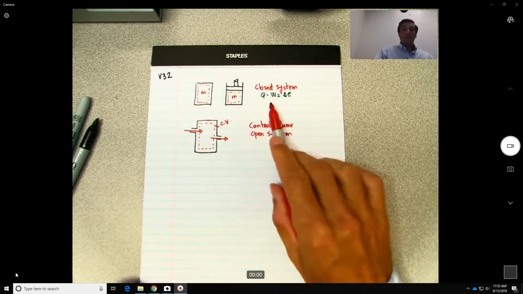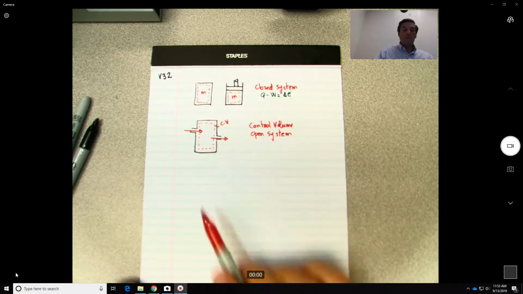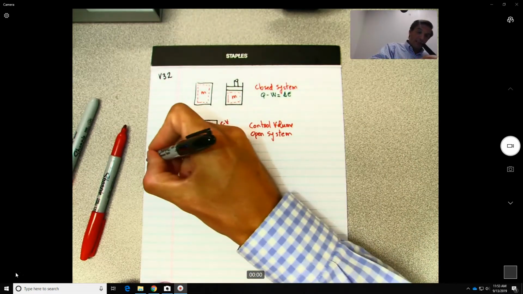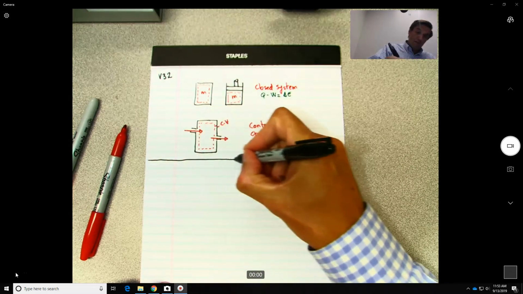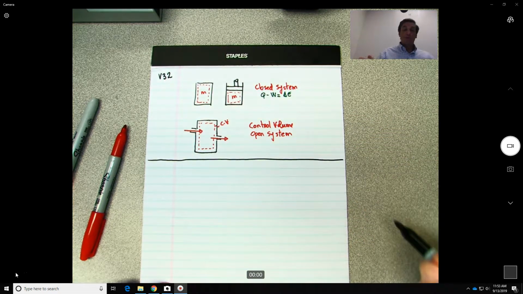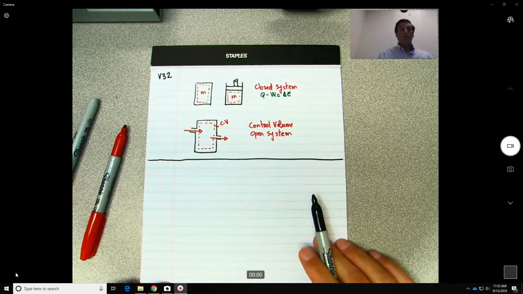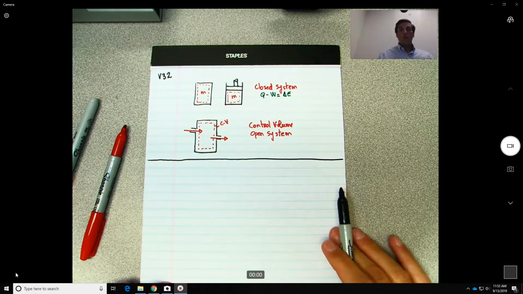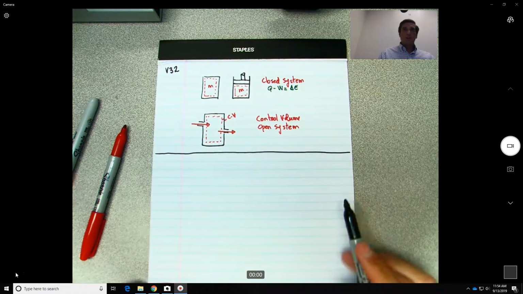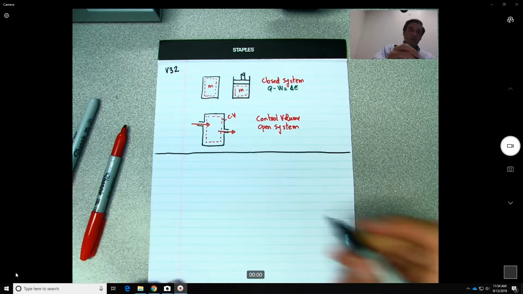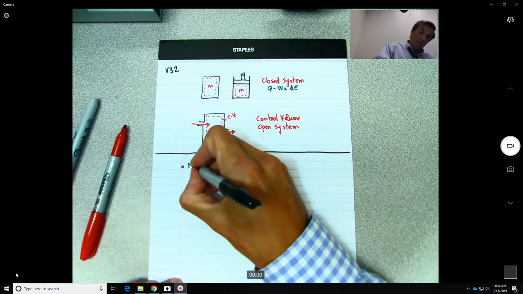That's basically what we're going to do. How can we rewrite the first principle of thermodynamics for this type of system? Before doing that, what we need to define is how we define the amount of substance going within the control volume, or within the open system. So the first thing we need to look at is something called mass flow.